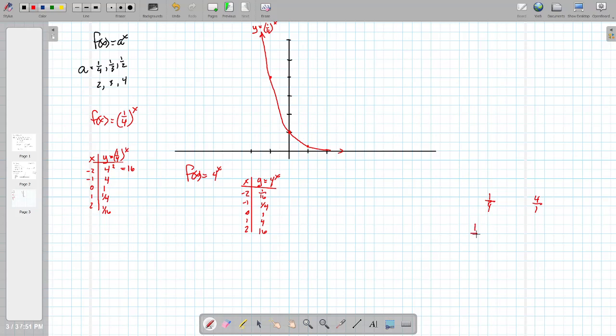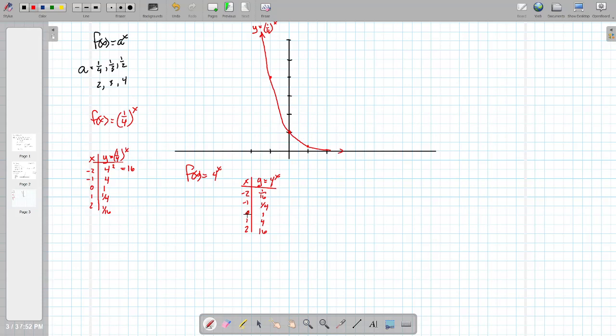So if I had 1/4 to a negative value, negative whatever, a, then I would end up with 4 to the a power. So it would be the same thing as if I was plugging in a for this graph. F of x equals 4 to the x is exactly the reflection of f of x is equal to 1/4 to the x about the y-axis.